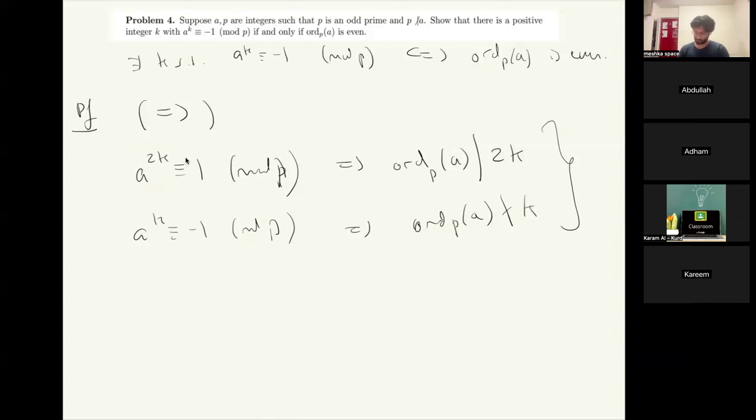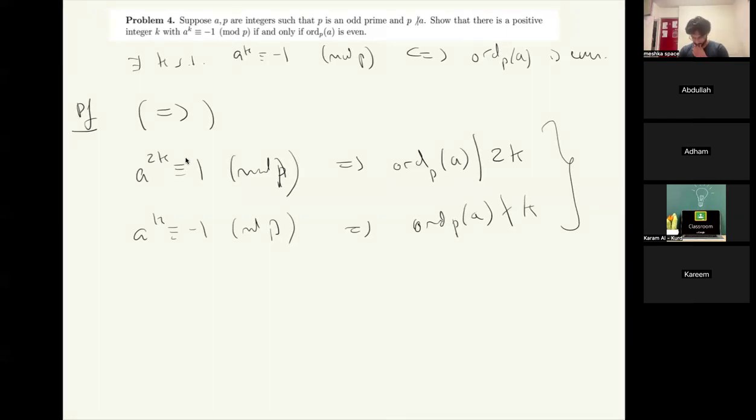Now you're telling us that from these properties, that the order divides 2k but does not divide k, we can deduce that the order is even. Is it true because we either have that the order is 2 or that it's 2 multiplied by a factor of k, which is also an even number?